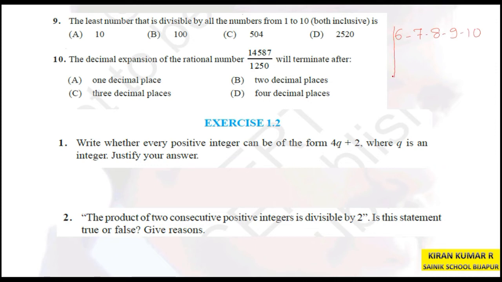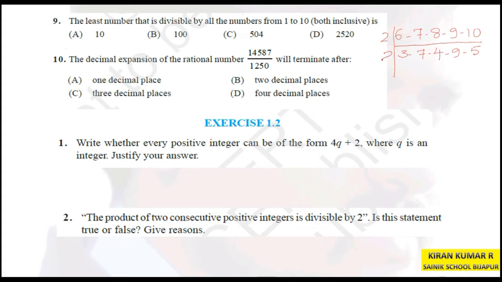To find the LCM, I'll start dividing by 2: 2 becomes 1, 3 as it is, 7 as it is, 4 becomes 2, 9 as it is, 5 as it is.